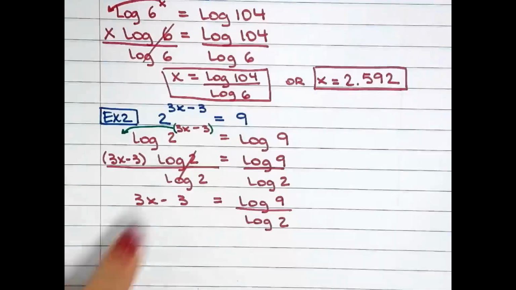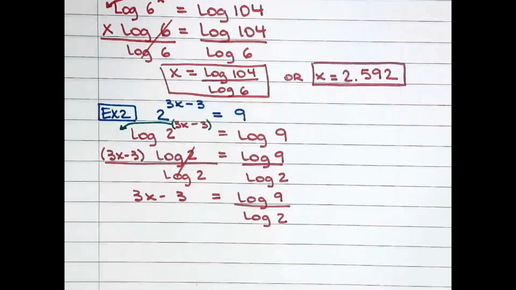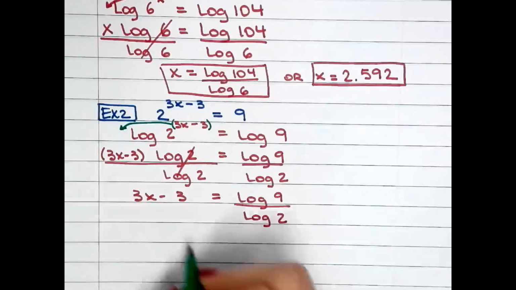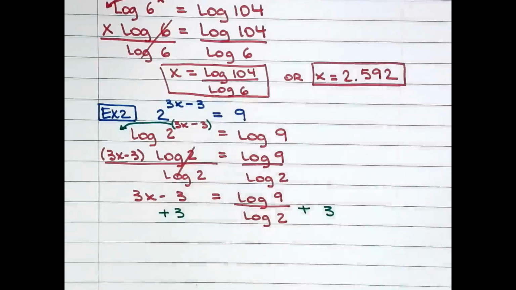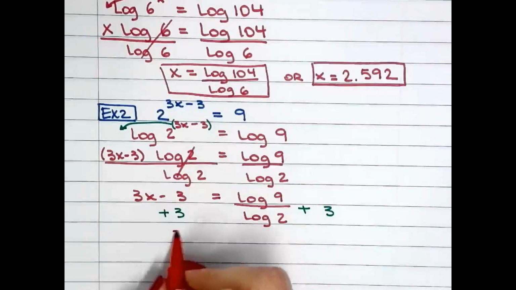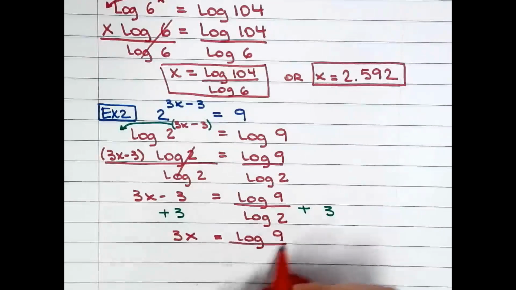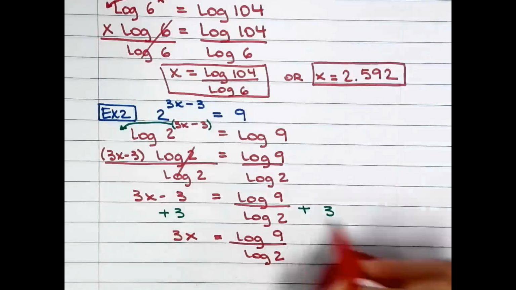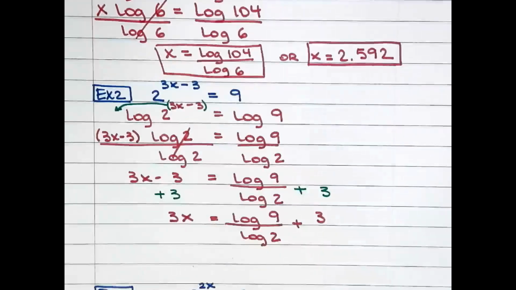Okay, I still need to deal with this because I'm still isolating x. So you have to add 3 to both sides. So here I have 0. I have 3x equals log of 9 over log of 2 plus 3. Now it's easy. Now you just divide both sides by 3.